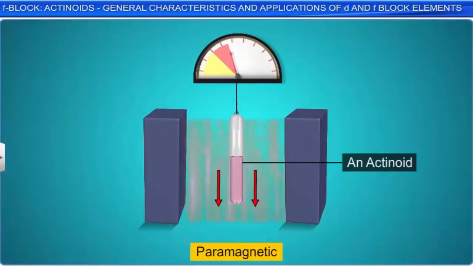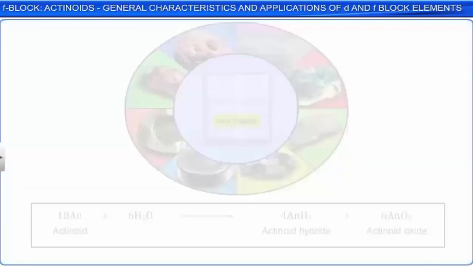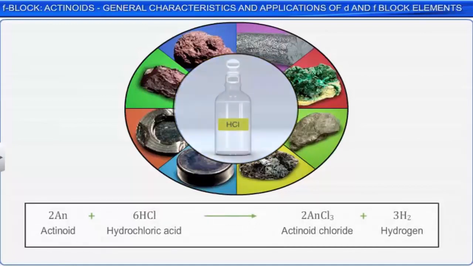The important chemical properties of the actinoids include: they react with hot water to give a mixture of an oxide and a hydride. They react readily with HCl, but their reaction with other acids is lower than expected.